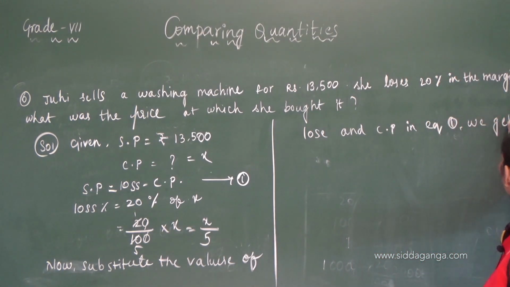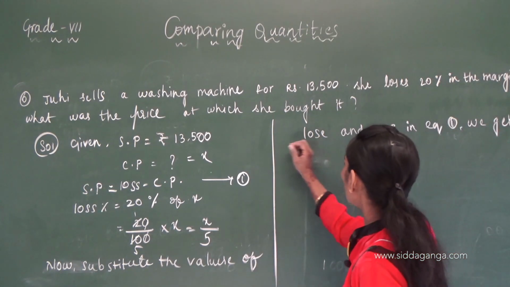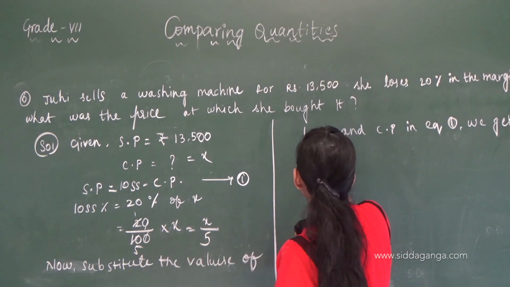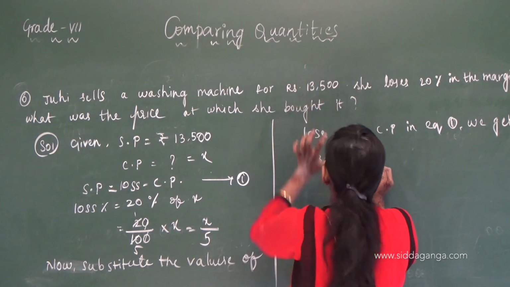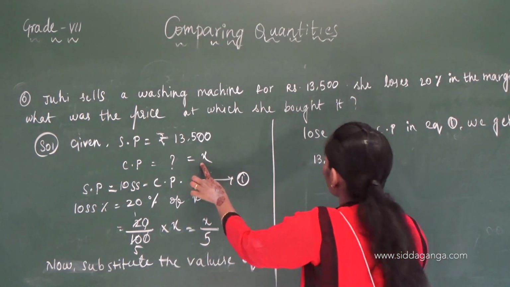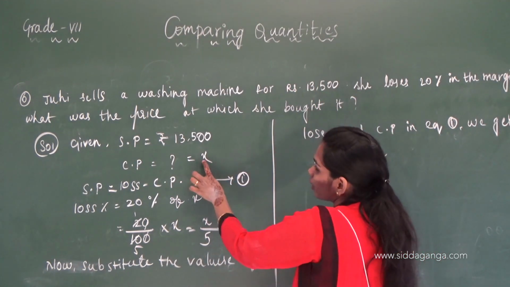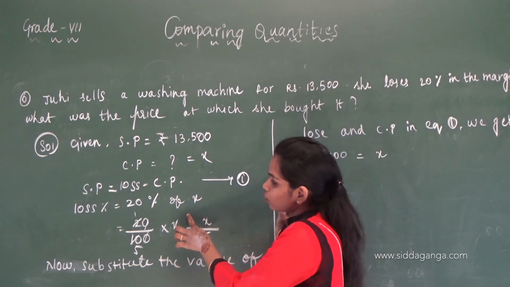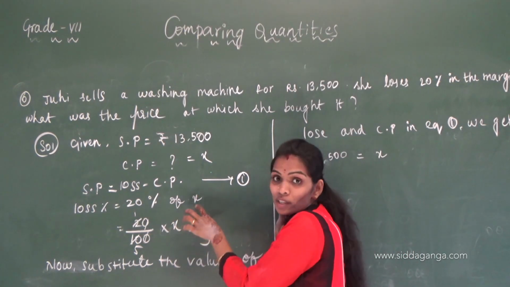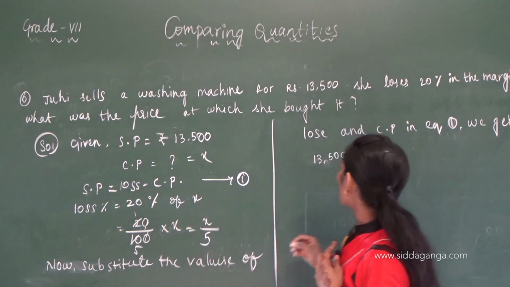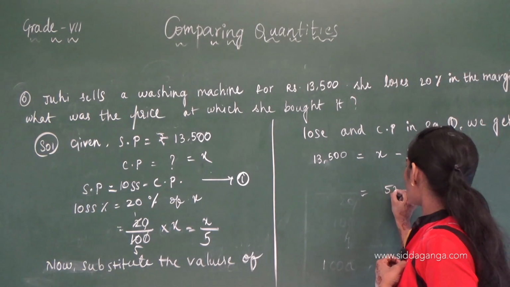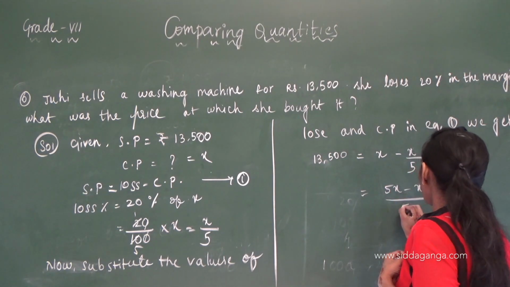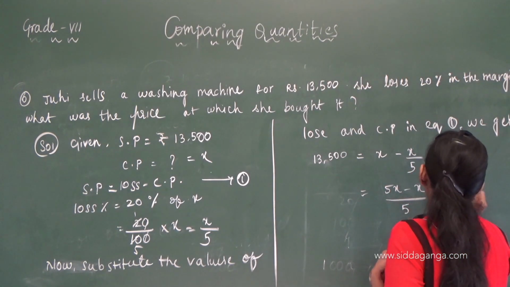What is SP? 13,500, since we know that SP equals 13,500. And CP, what do we take? x, we don't know, that's why I am taking it as x. And the loss percentage is 20%, so it is x by 5. That is 5x minus x divided by 5, that is 4x divided by 5.